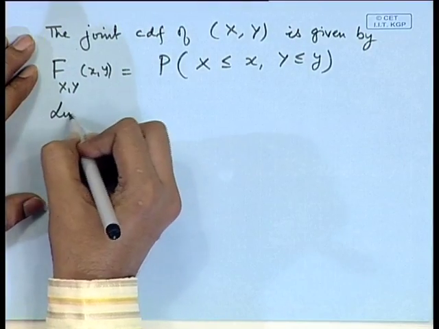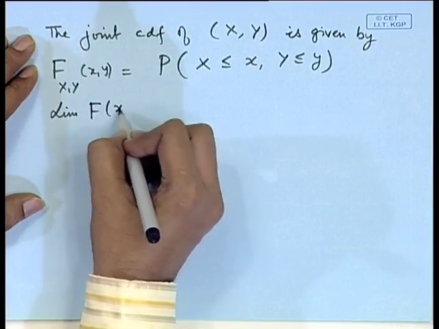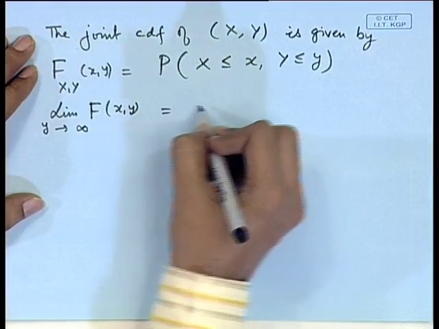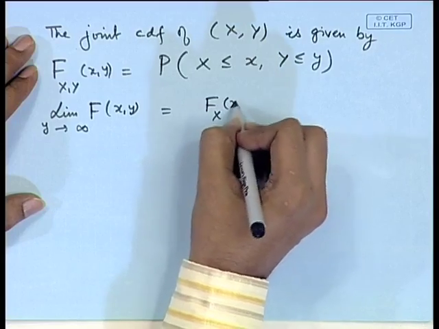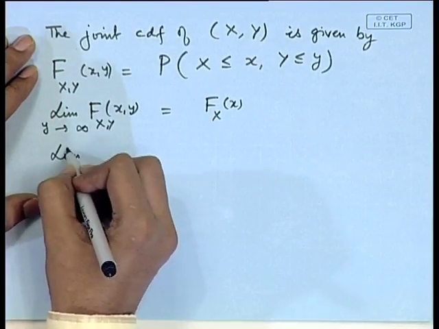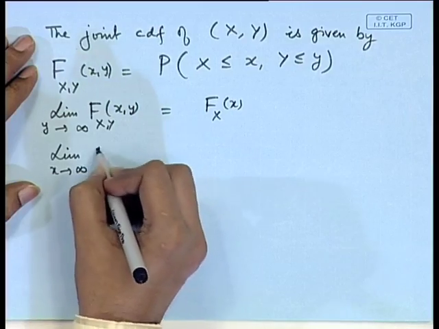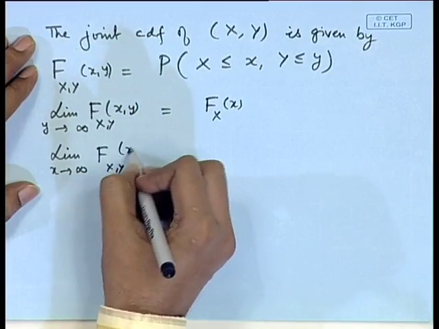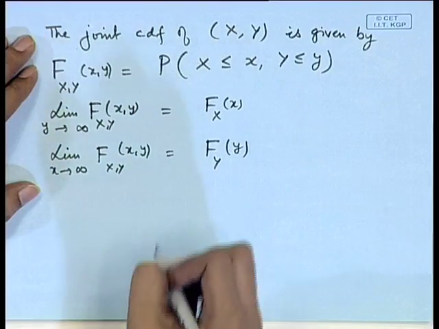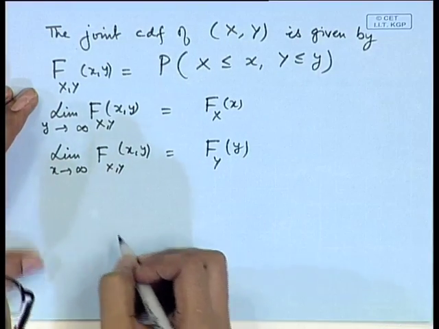So, for example, if I take limit of F x y as say y tends to infinity, this gives the marginal CDF of x. If we take limit as x tends to infinity of the joint CDF, this gives us the marginal CDF of y.